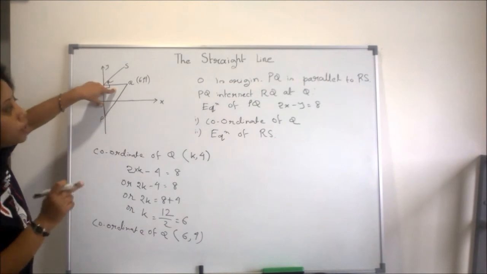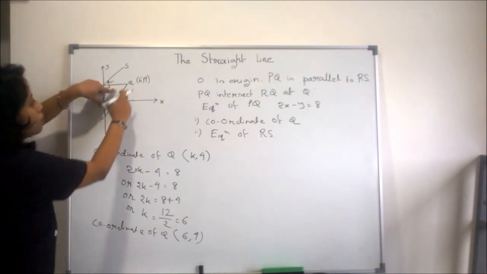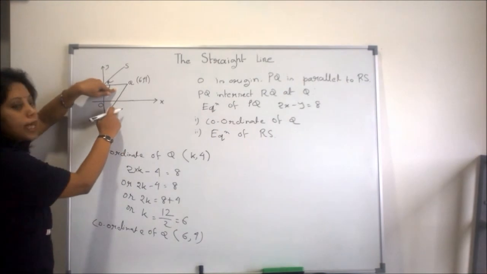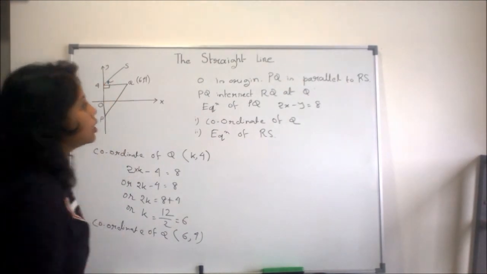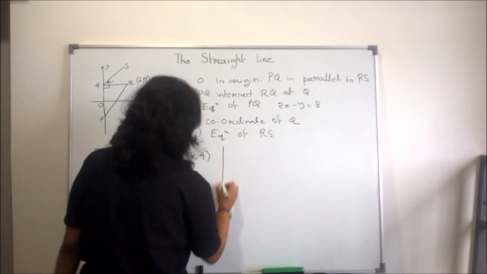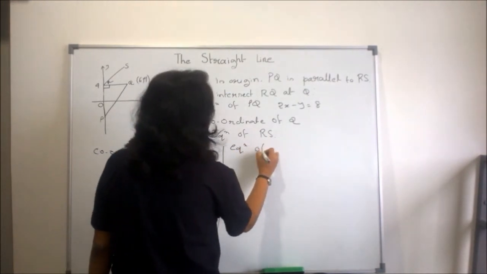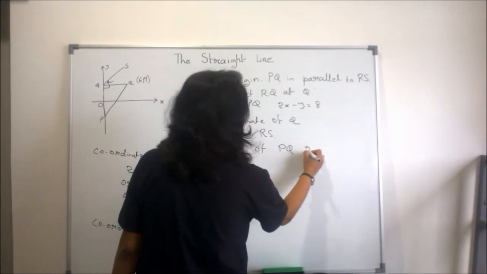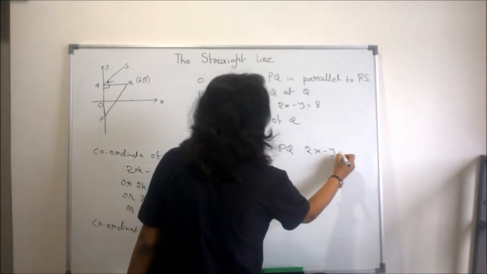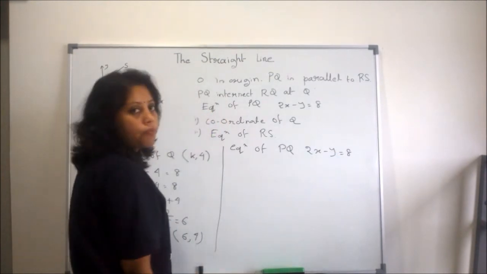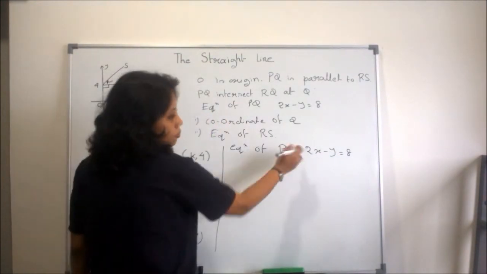So, as we know the equation of the line PQ, we can find the gradient of PQ. The equation of PQ is 2x minus y is equal to 8.